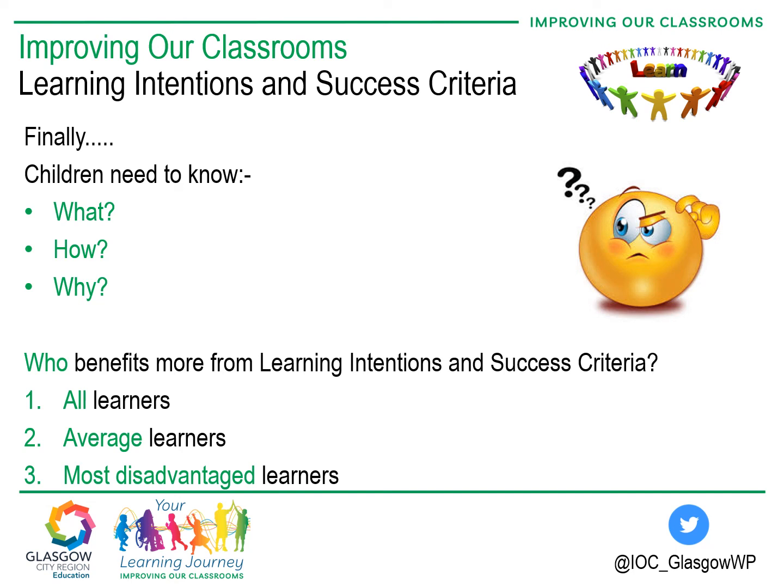Was it group number 1, all learners? Was it group number 2, average learners, who made most gains? Or was it number 3, the most disadvantaged learners, who made most gains from learning intentions and success criteria? So, was it all? Some? Average children? Or was it our most disadvantaged? Consider that, please, and we look forward to hearing your responses.